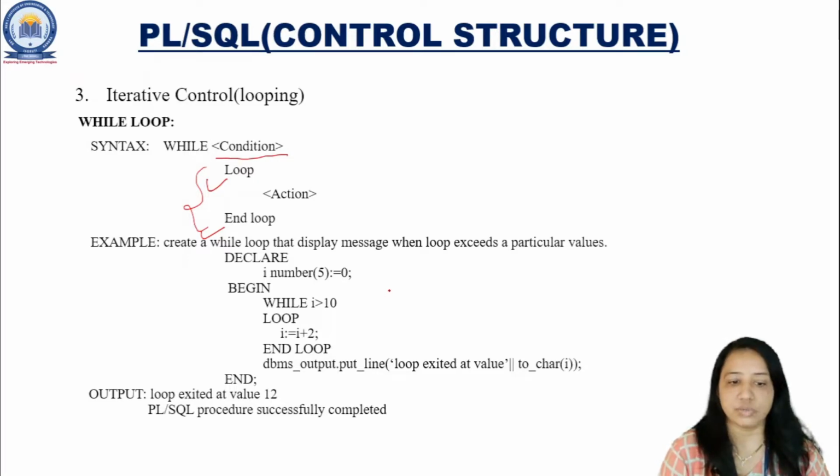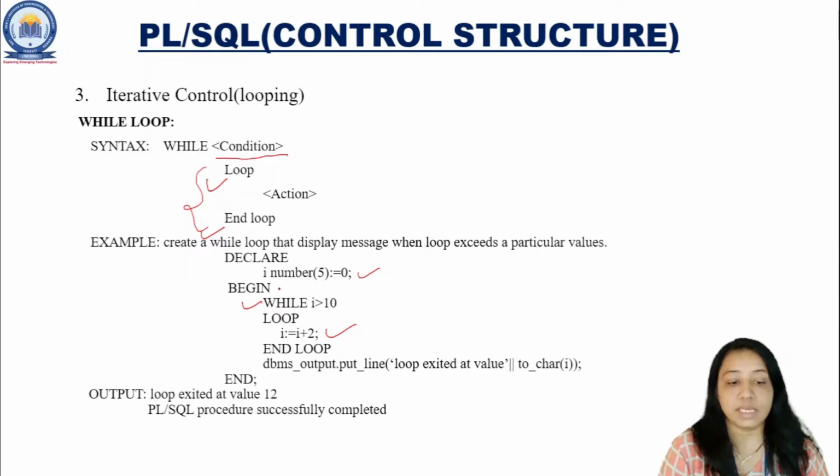Here there is no need to use exit when, because the condition is checked by the while. Again, the same example: one variable declared with 0 initially. After that, in begin, whatever condition we wrote in exit when is written here: while I > 10, loop I = I + 2 and end loop.